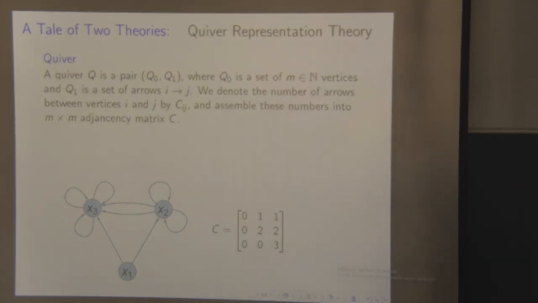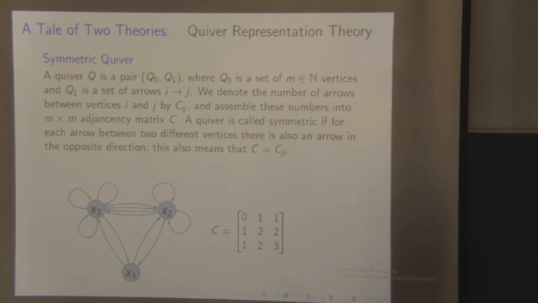Okay, and on the other side of this tale of two theories is the quiver. So a quiver is just a set of vertices and arrows between vertices, as simple as that. It also sometimes goes by the name of multigraph, but for us, the main idea is that having these nodes or vertices and edges between them, or more precisely arrows, sorry, we can construct an adjacency matrix representing this graph.